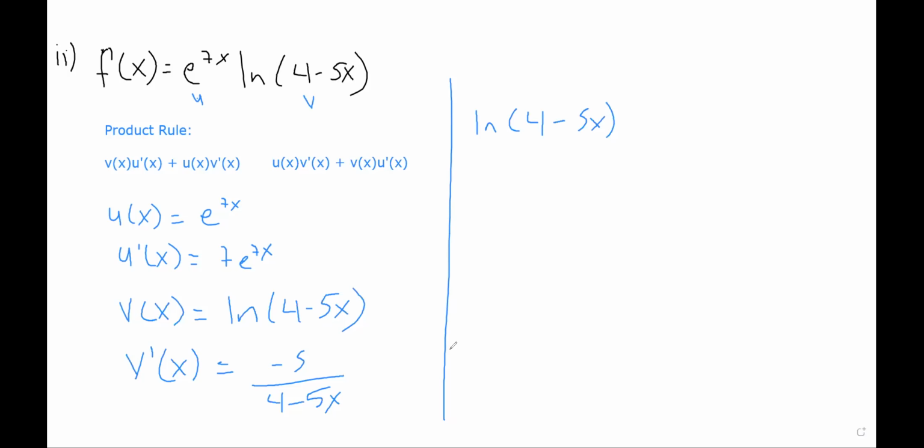And our u prime is equal to 7e^(7x), e raised to the power of 7x, plus our u, which is e raised to the power of 7x, multiplied by our v prime, which is equal to negative 5 divided by 4 minus 5x. And you'd stop right there.